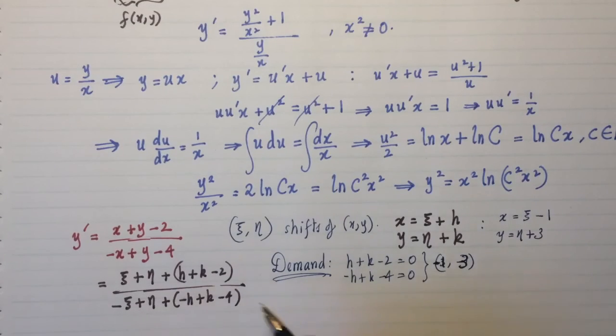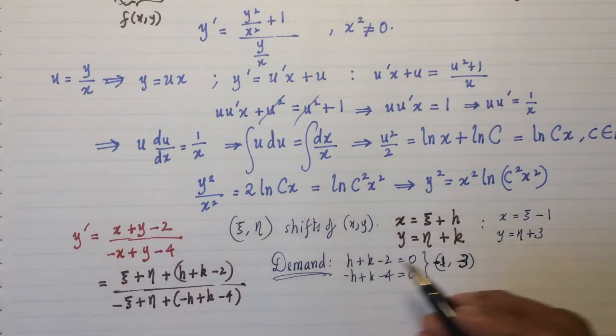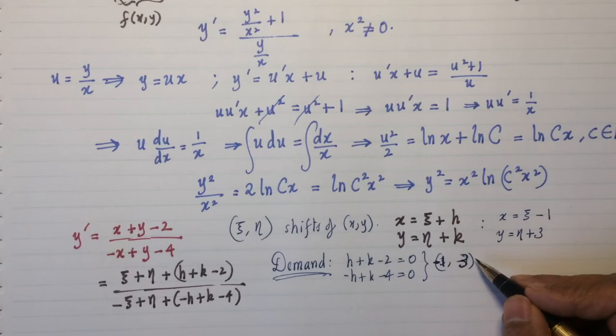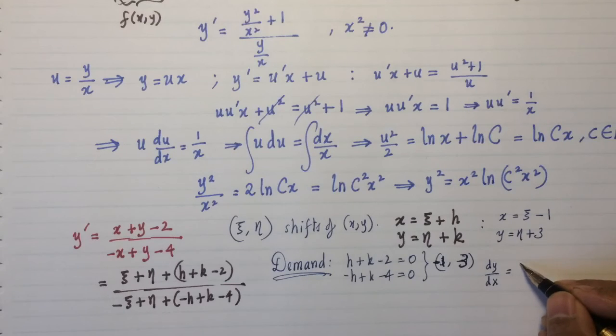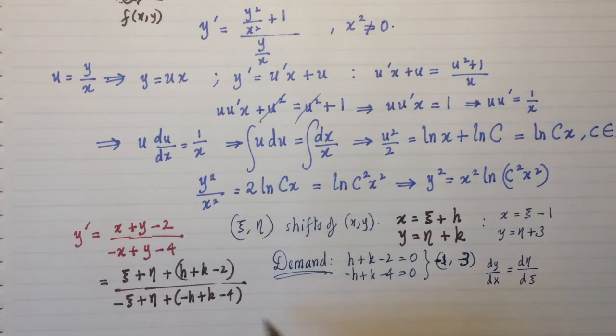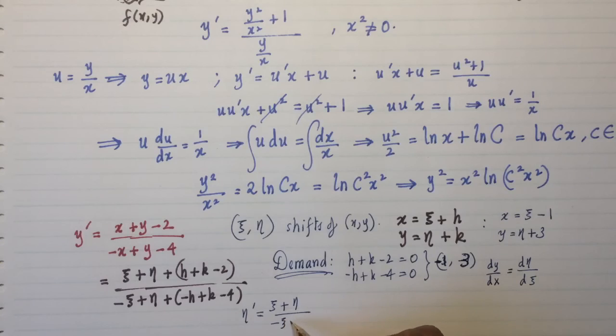And this differential equation, once you have, so y prime, dy by dx, is just d eta by d zeta. Okay, so I'm going to get eta prime, where eta prime means d eta by d zeta, equals zeta plus eta over negative zeta plus eta.